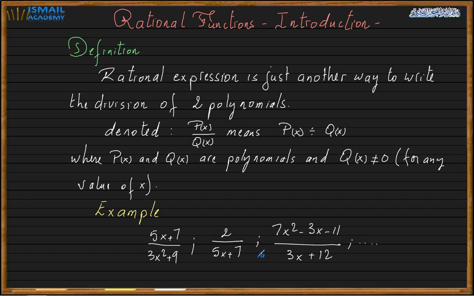This is a rational expression. Another one: x squared plus 2x minus 1 over x is also a rational expression.